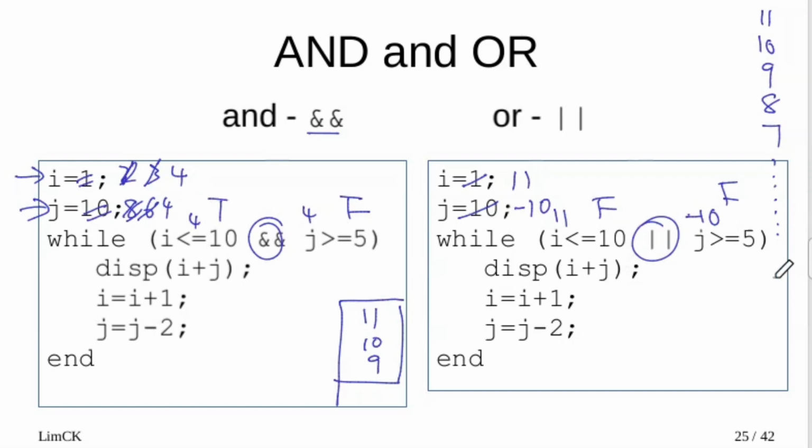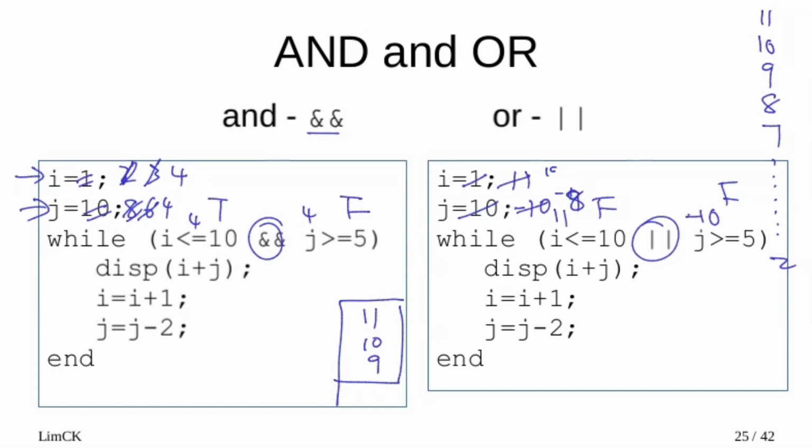So the last output printed out here is when this is 10, this is negative 9. Should be not negative 8, should be 2. So let me run this in Octave to verify.